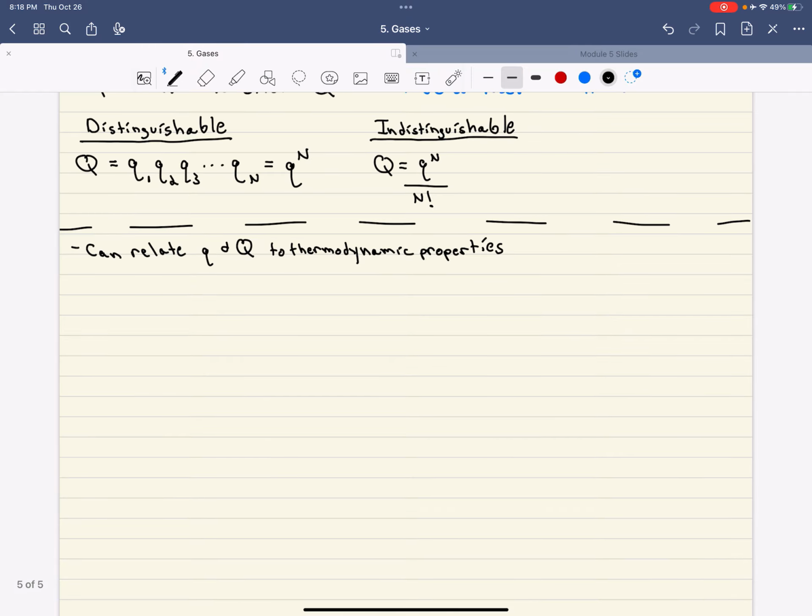To show an example of this, let's calculate U and S, internal energy and entropy, for a system in which the temperature, volume, and number of molecules are fixed. In this system, we're going to consider that the particles are indistinguishable from one another.